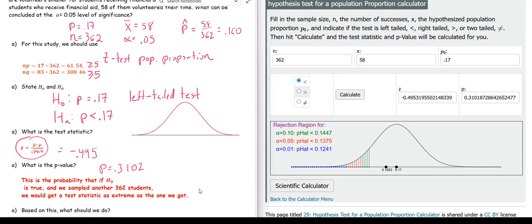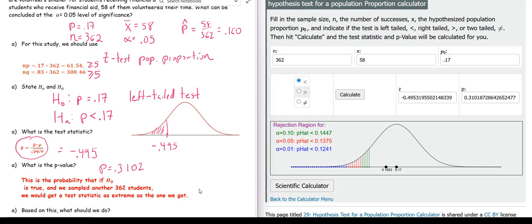So if this is our normal distribution curve, our test statistic is here, negative 0.495, and the p-value is the area in this tail to the left of that. And so that's actually a fairly large p-value, 0.3102.